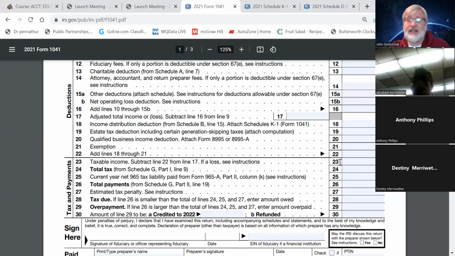So let's say that it's $10,000 in income. Our income distribution deduction is going to be $10,000. We're going to have that $300 exclusion. So it's going to be 10,000 minus 10,300, negative 300. Okay. So a simple trust with no capital gain, line 23 is always going to be negative 300.